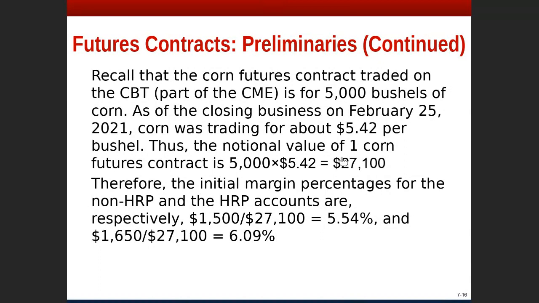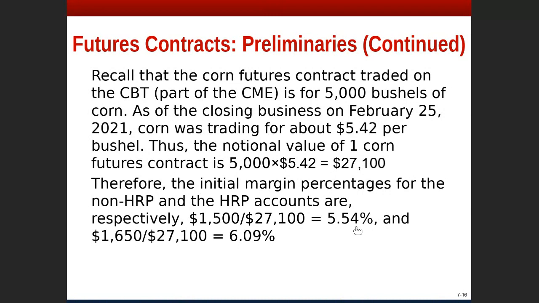Now, if you are buying or selling this contract, you only have to come up with a fraction of it. As we saw on the prior slide, if you are a non-heightened risk investor, you will only have to come up with $1,500 as a percentage of 27,100.